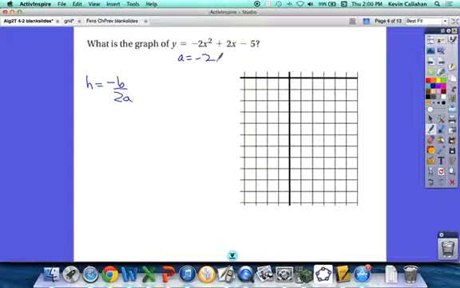What is the b? Okay, so plug those numbers in to this. Right, that will be negative 2 over 2 times negative 2. Right, calculate. What is that? Positive 1/2, right? The negative cancels with a negative, and 2 over 4 is 1/2.